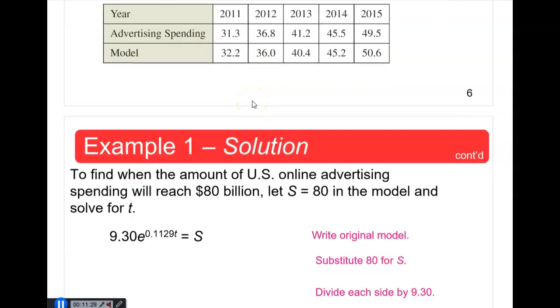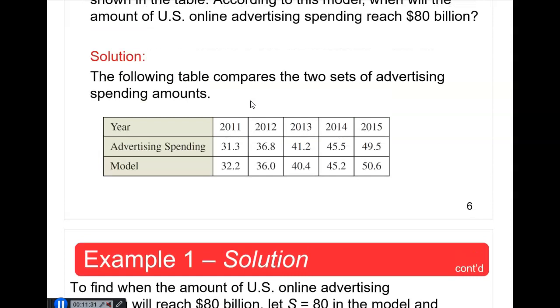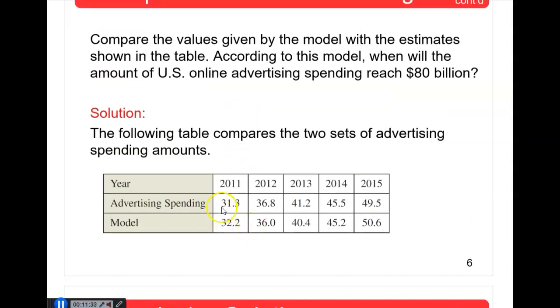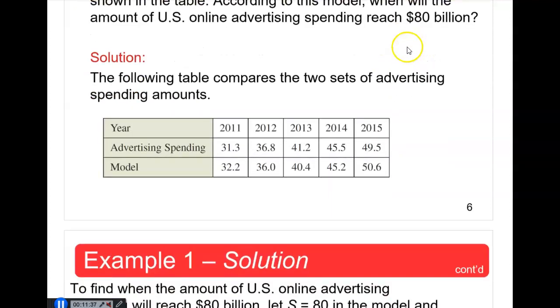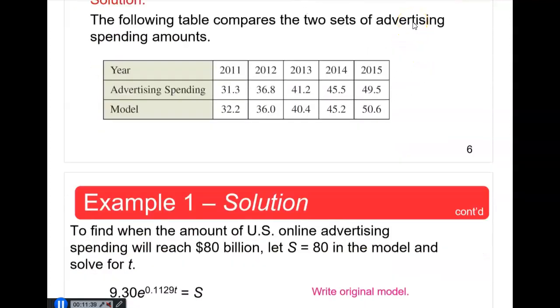And so from the table, you can see how the model, which is the equation that we got, I'm going to write it here again. The model is the equation S equals 9.30 e to the power 0.1129t.